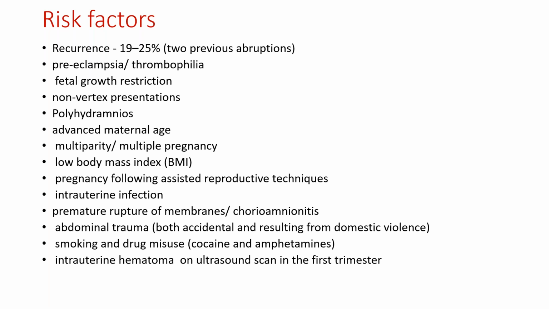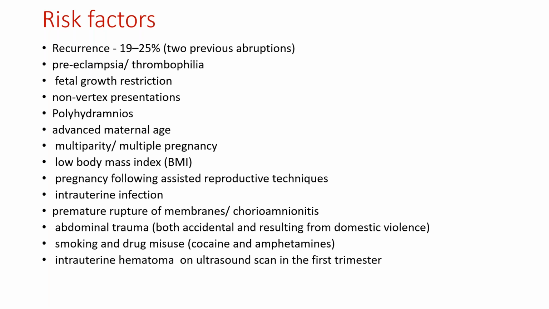Then fetal growth restriction. How is fetal growth restriction a risk factor? Many times there is abruption because of high BP or abnormal presentation, which is not revealed and is missed. There is no history, nothing in early pregnancy, like patients come with a retroplacental hematoma or spotting, which is there, but it resolves with time.